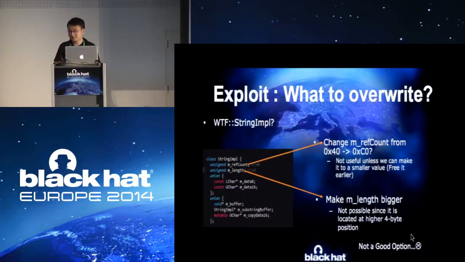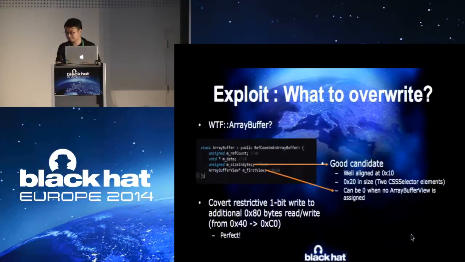But if you make it a larger number, it is not useful. You could also make the mlength bigger, which is good. However, the mlength is in the higher 4-byte position, so it is not possible in this case.